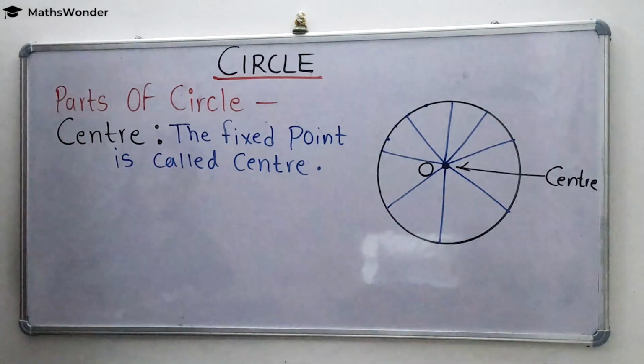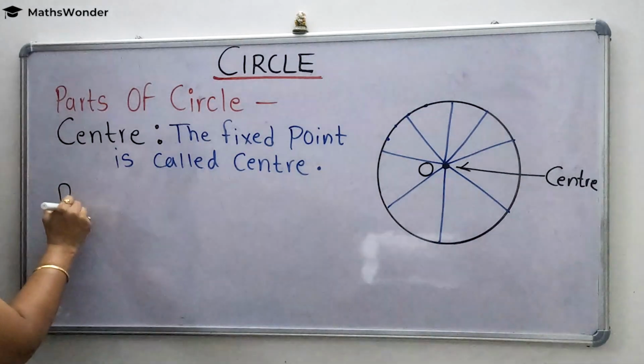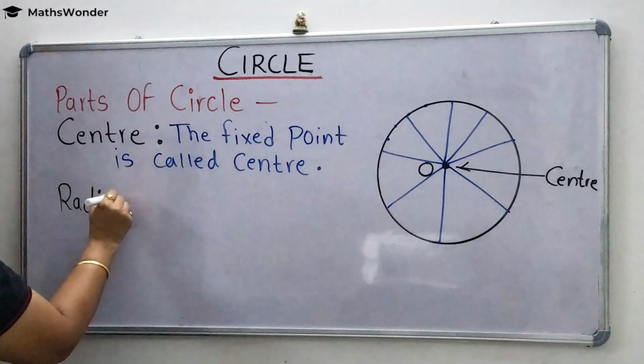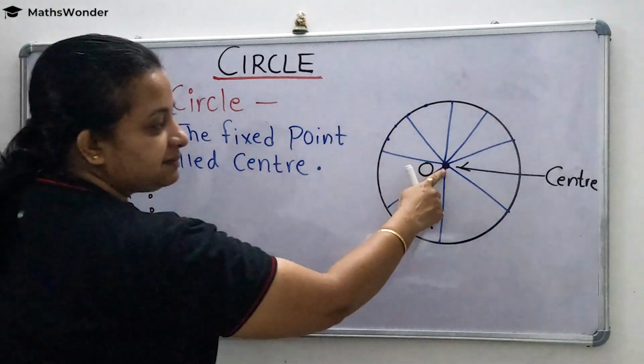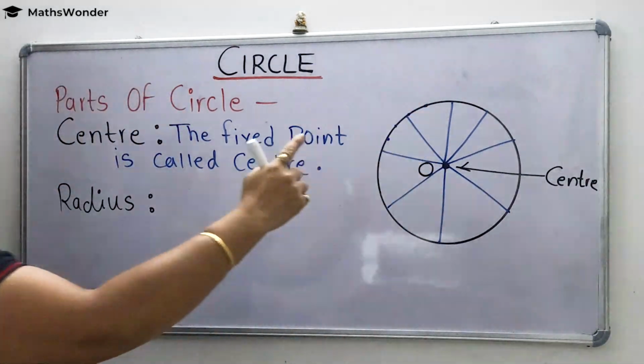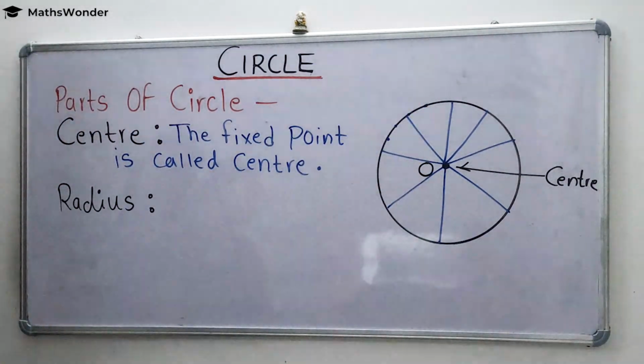Now the second important part of the circle is the radius. What is the radius? The radius is the distance from the center of the circle to any point on the circle.